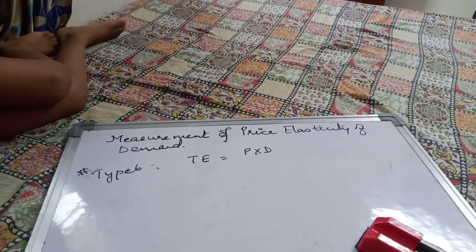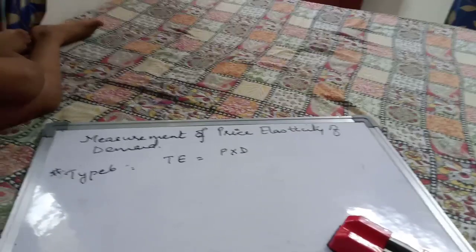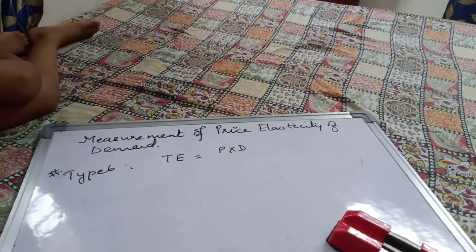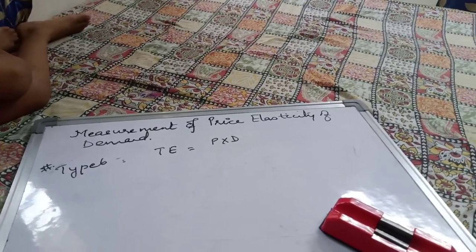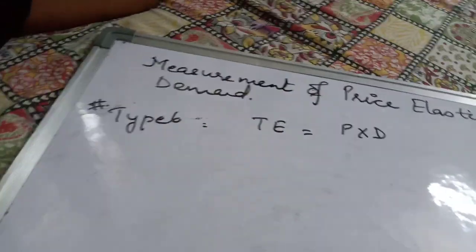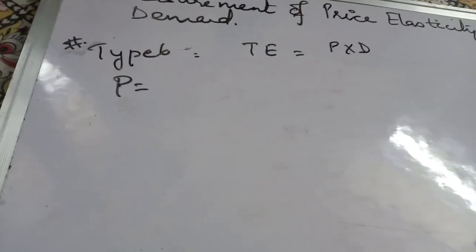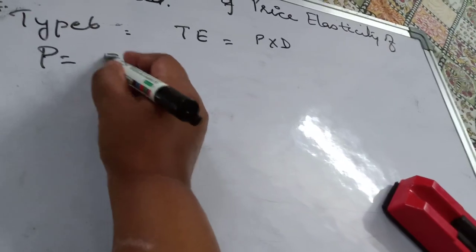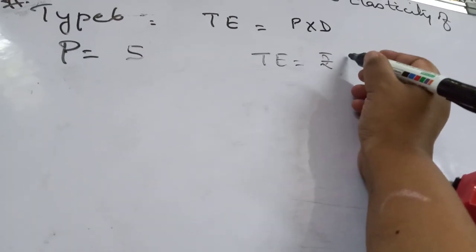Again, calculate elasticity of demand if a person spends rupees 500 on a commodity when the price is rupees 5 and rupees 420 when the price is rupees 6. So what have they given us? They say that when the price of the commodity is rupees 5, the consumer spends rupees 500.